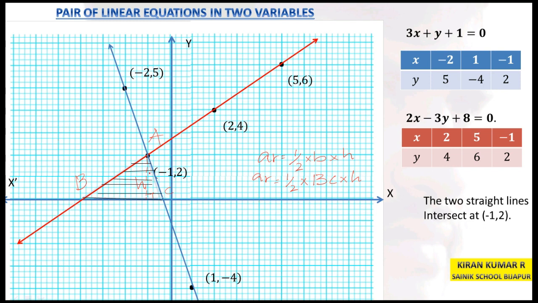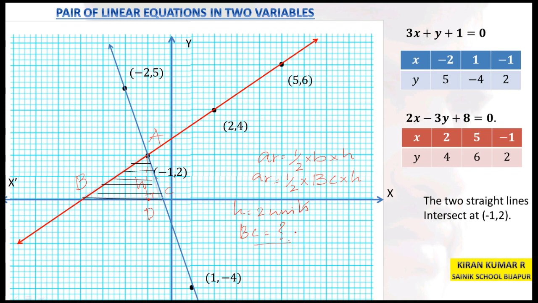If you can measure this distance of A from this particular point, let me name this as D, AD length is 2 units, so h is 2 units. BC, from here to here you measure the distance, BC length.